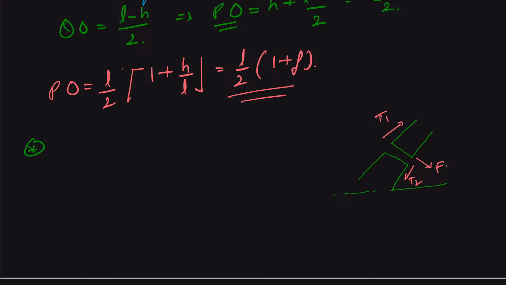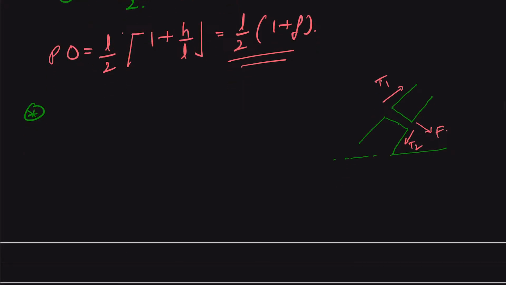Okay. So let me redraw this in the form of a single rod. We are mainly interested in the upper portion, so we are going to draw only the upper part.